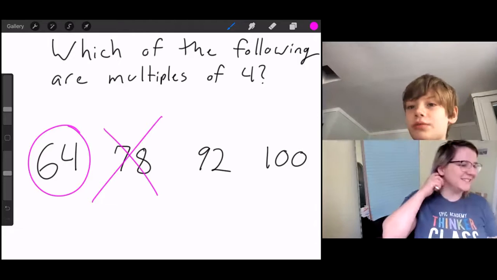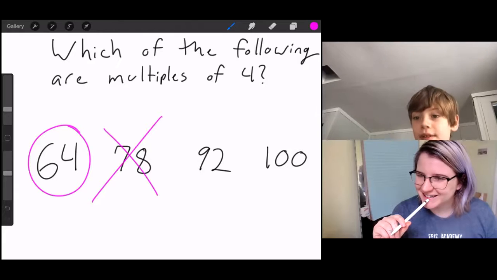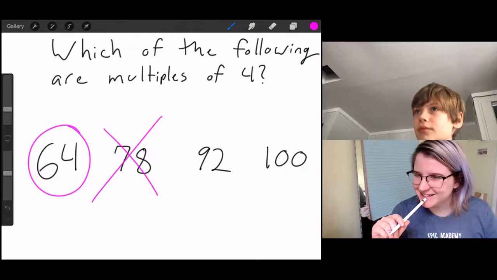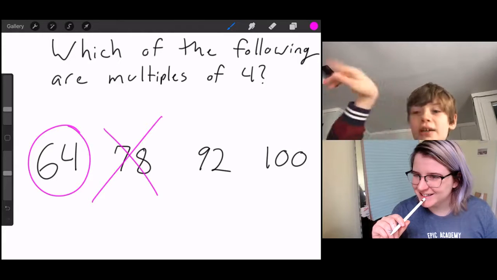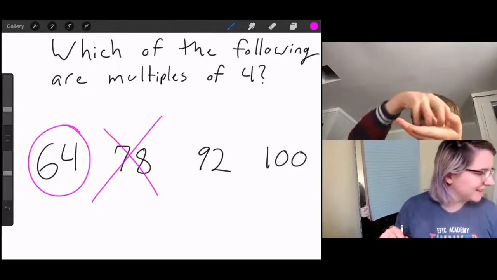What about 92? So, go up. 78, 82, 86, 90. Nope. 90 is not a multiple.